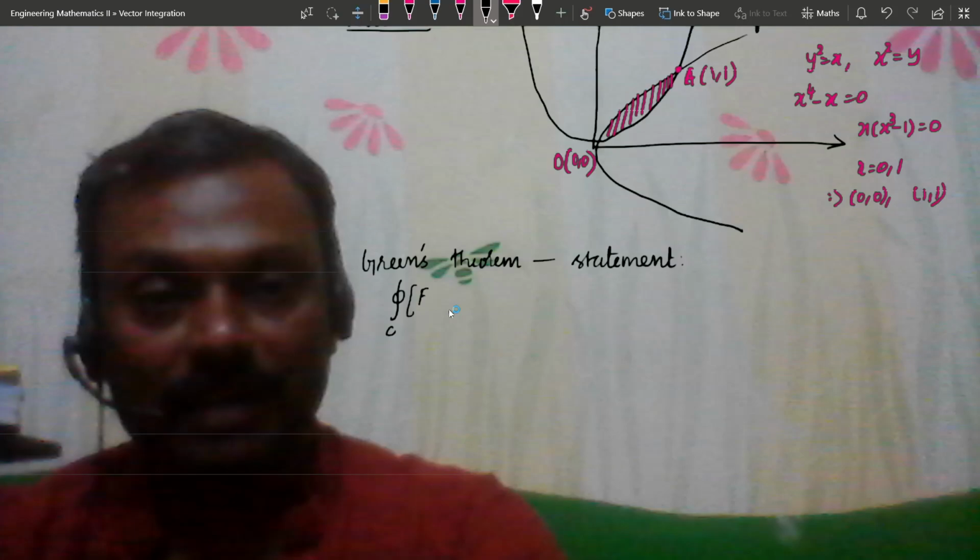Because this is not the process of verifying Green's theorem, it's just evaluating, so given the line integral, we are going to perform the equivalent double integral.